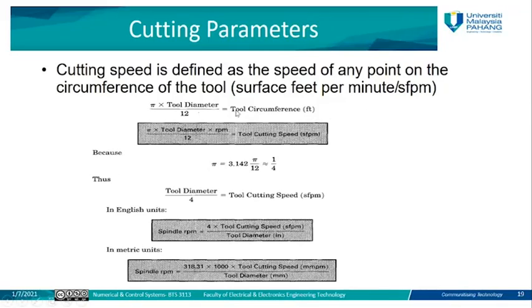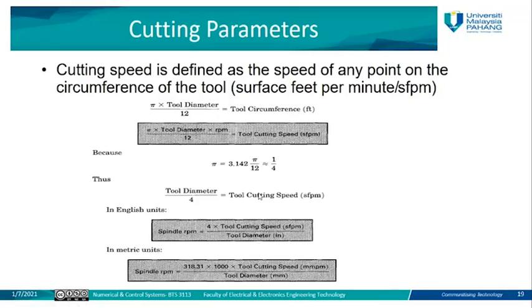The tool circumference is equal to pi times tool diameter over 12, and you can see how this formula is simplified so that the tool diameter over 4 gives you the tool cutting speed. So if you have the tool diameter, you divide it by 4, and you get the tool cutting speed.